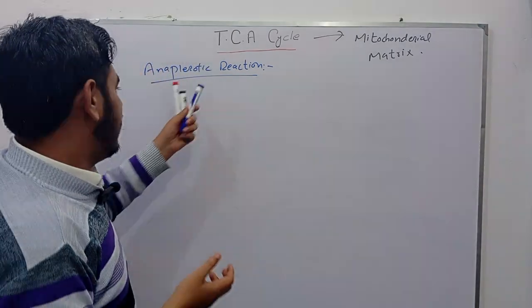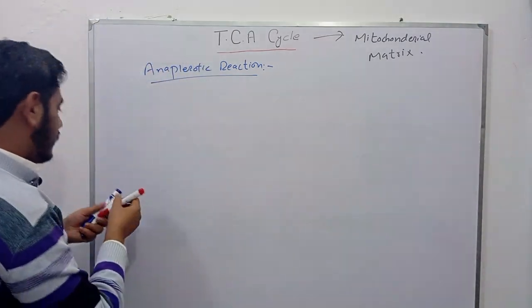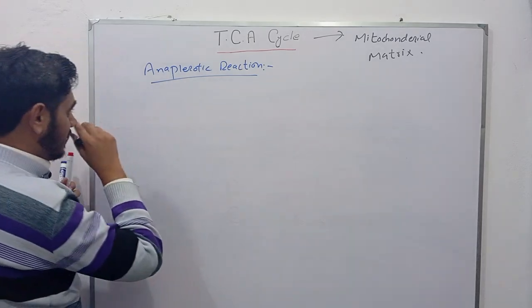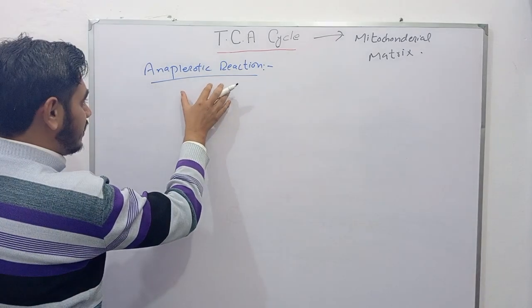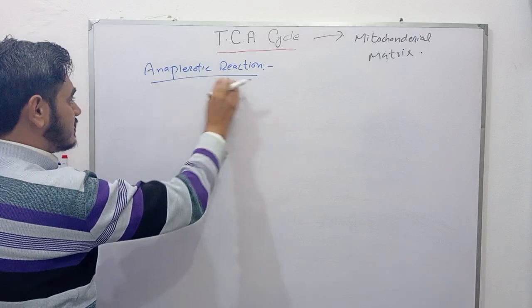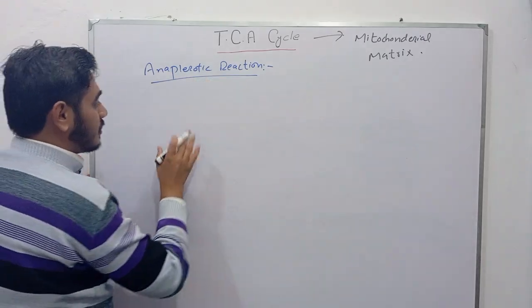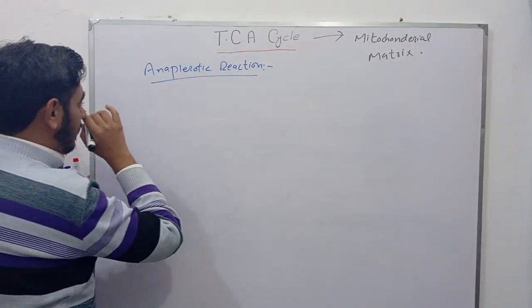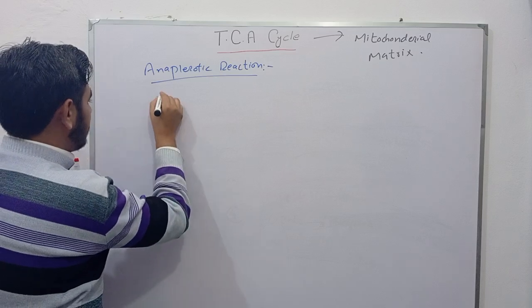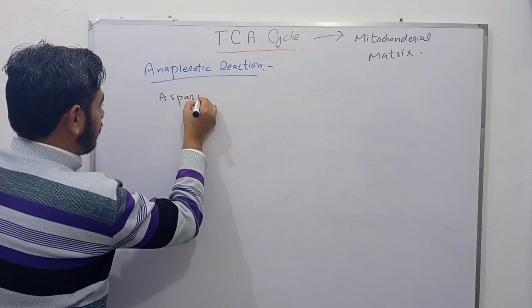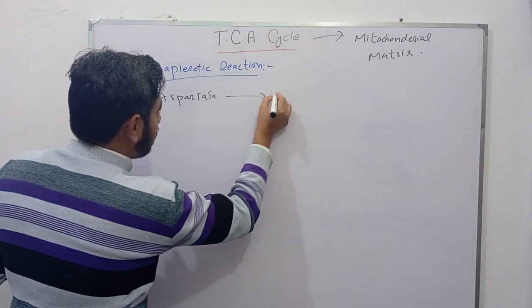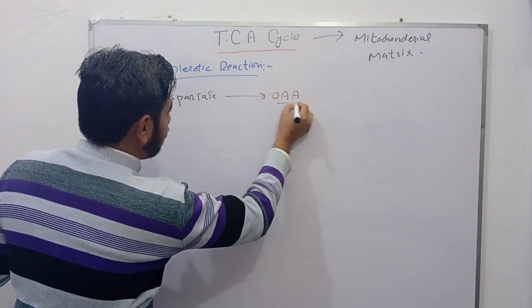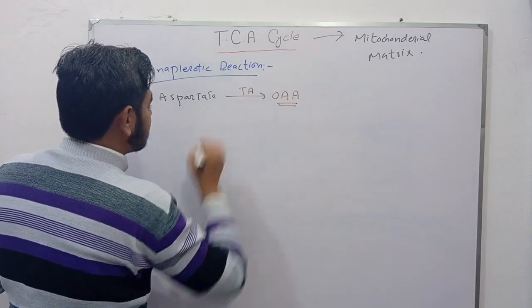It is called as anaplerotic reaction. So let's see the examples. Examples are the aspartate. It forms oxaloacetic acid, which is the intermediate of TCA cycle, by transaminase enzyme.